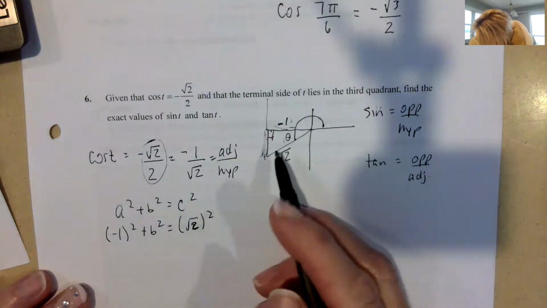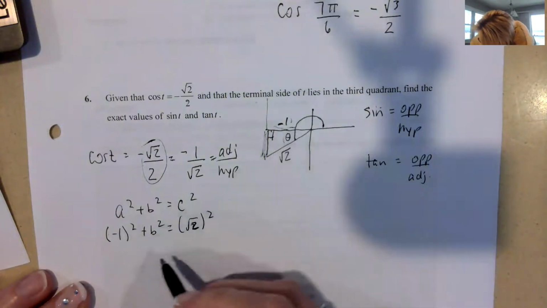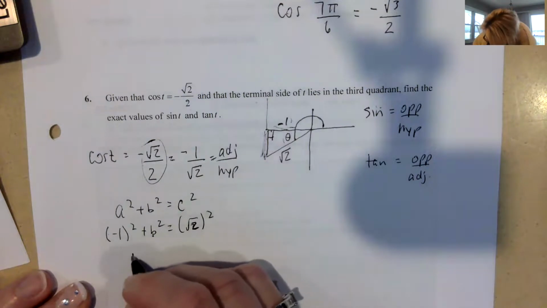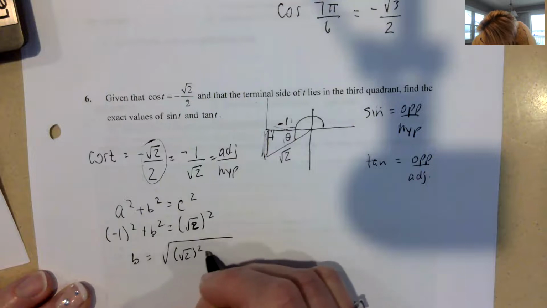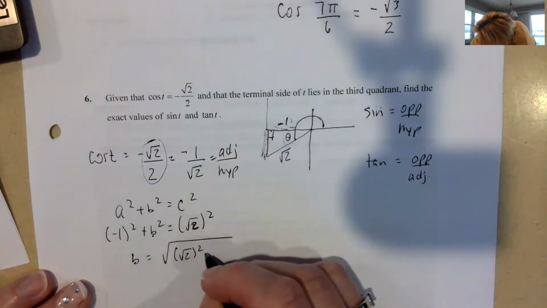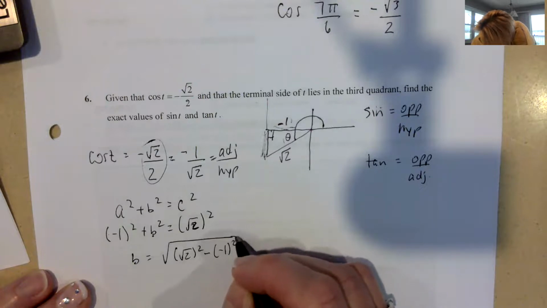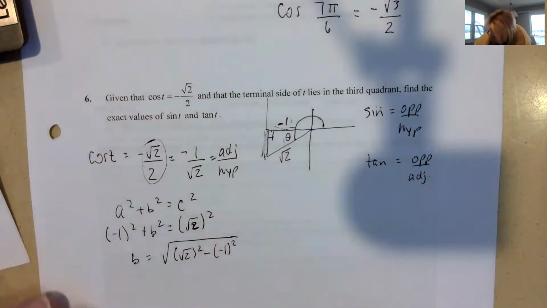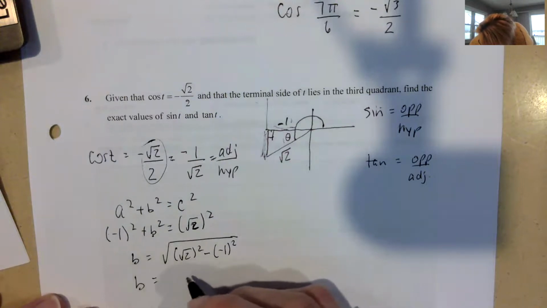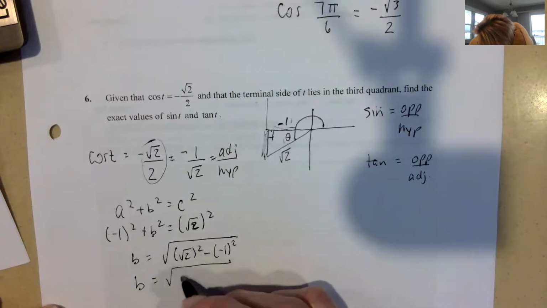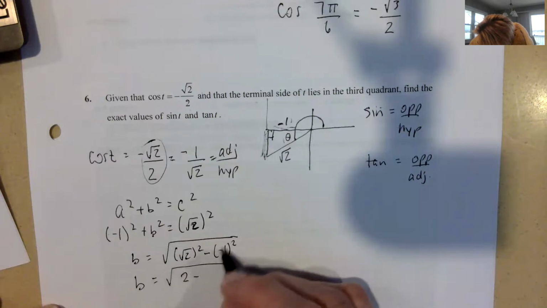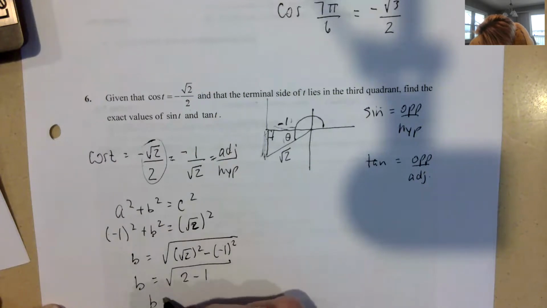So b is going to be the square root of the square root of 2 squared minus negative 1 squared. The square root of 2 squared is 2, minus 1, so b is equal to the square root of 1, which is 1.